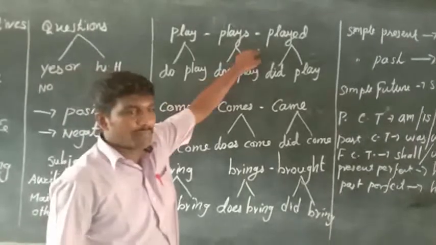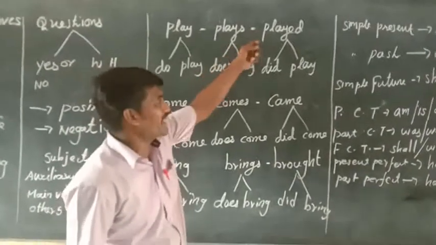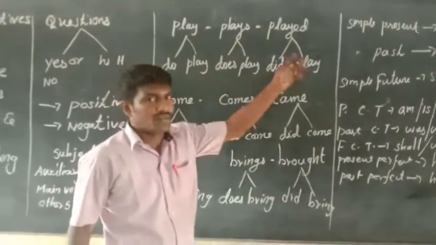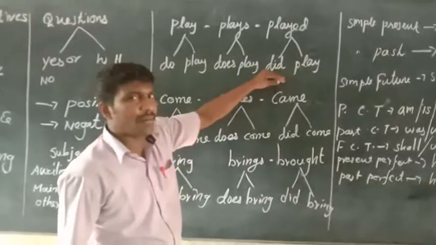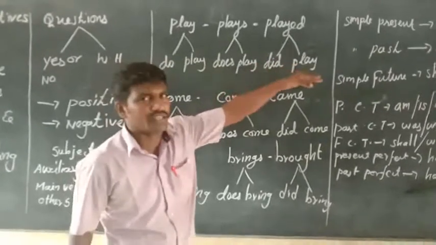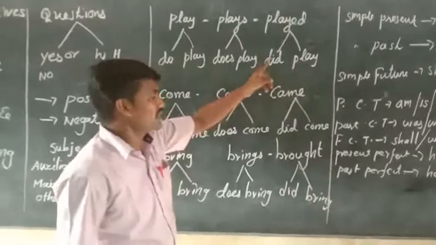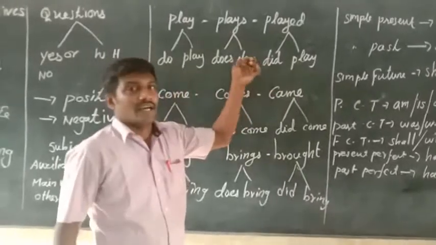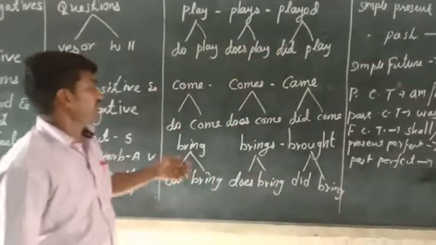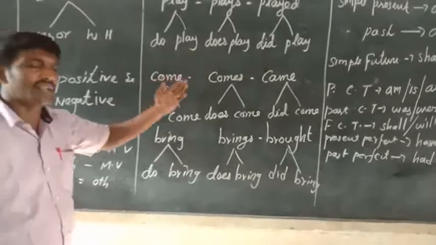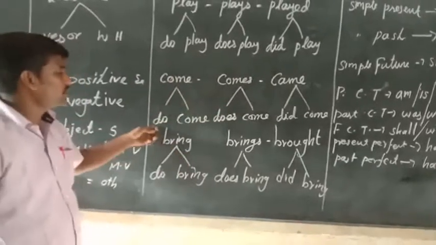Played indicates the past form of the verb. So did plus verb 1, play. Did indicates the past tense, so we have to use the present verb only after did, because the first word did indicates the past. One more example: comes, came. So do plus come.